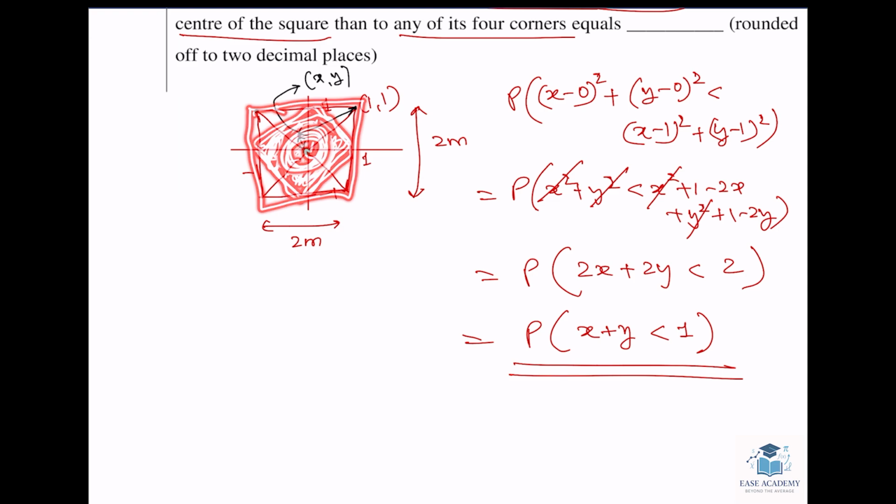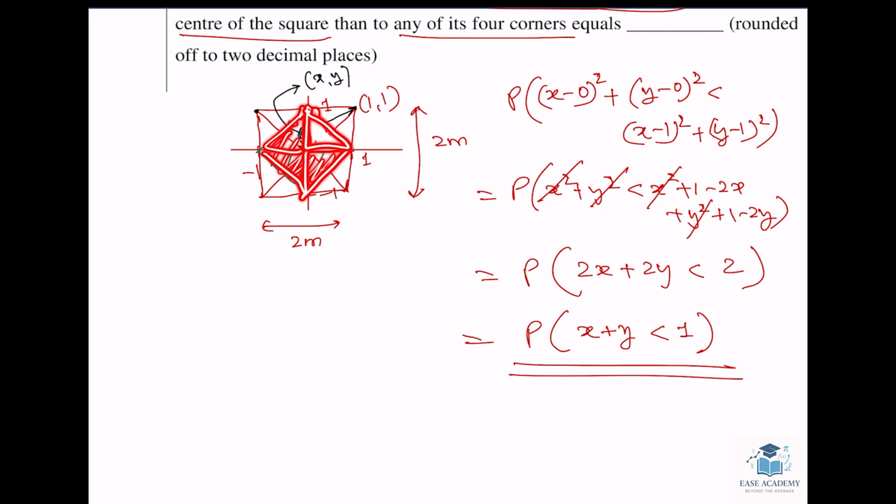So in order to find the area of this, we can find the area of this part only and then take a multiple of 4, because it is a square region, so everything is uniform. We get the same area of this, this, this and this.